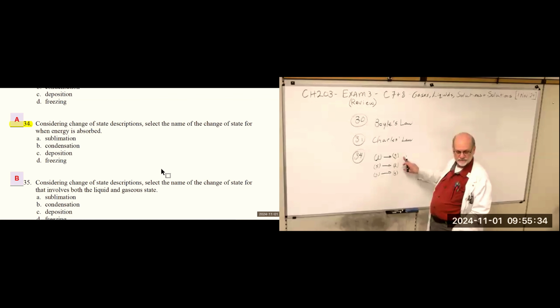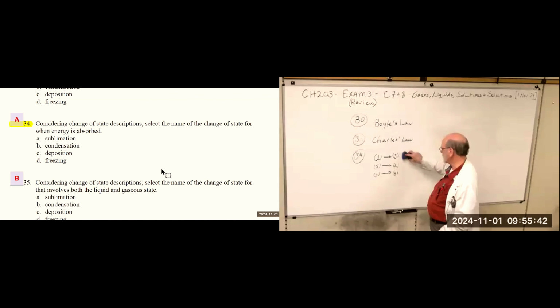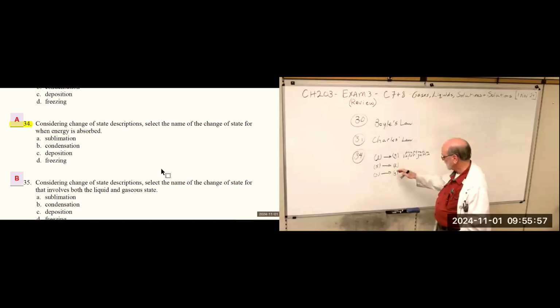Liquid to gas is vaporization, boiling. Let's call it boiling. Now let's call it vaporization. That would be more accurate because it doesn't have to boil. Vaporization or evaporation. That's probably a better term. Solid to liquid, melting.